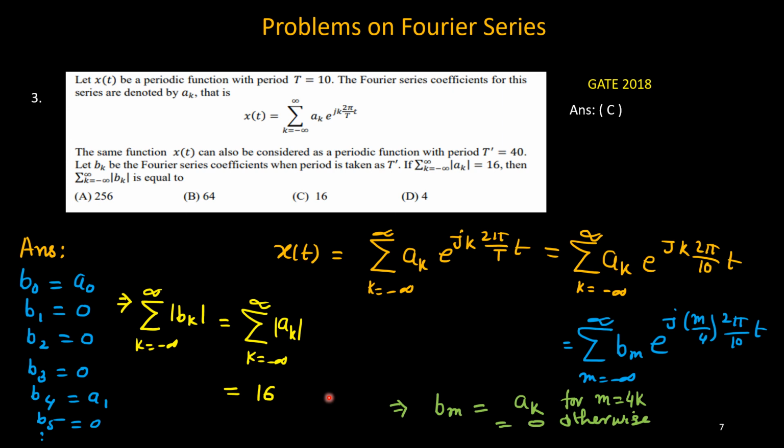So if I consider a longer time period, in this case T prime equal to 40, it implies that we are including 4 cycles together for one time period, because one cycle takes 10 seconds, so 4 cycles will be there.